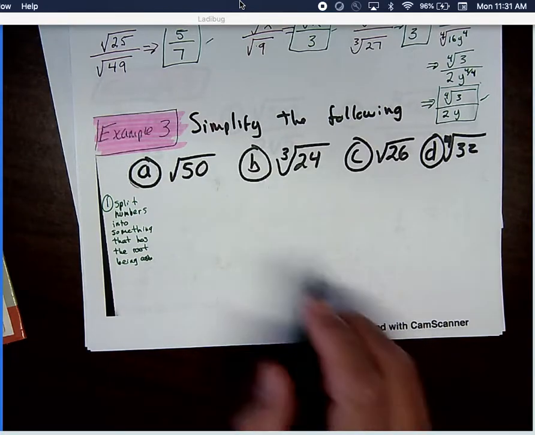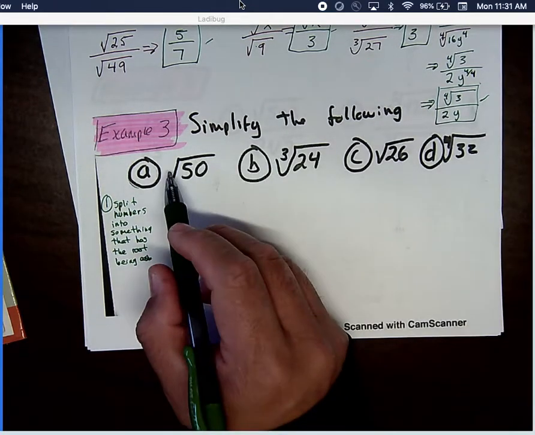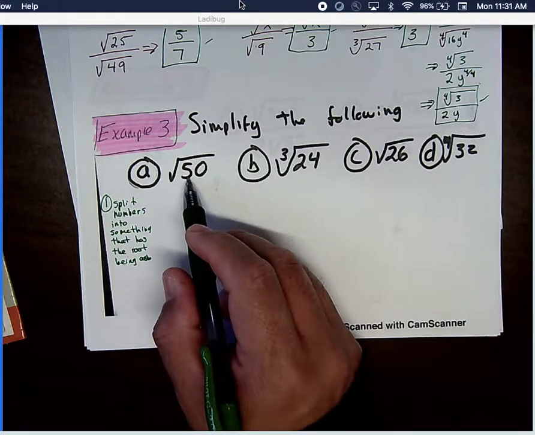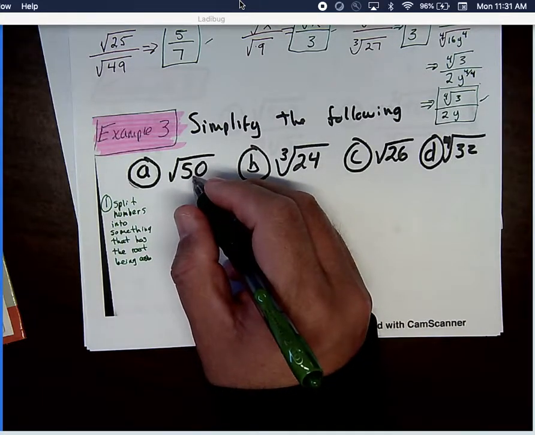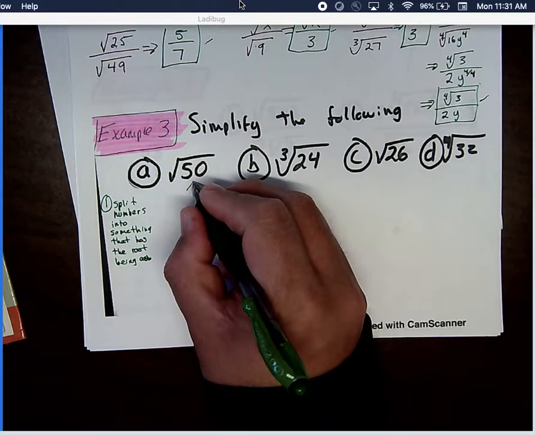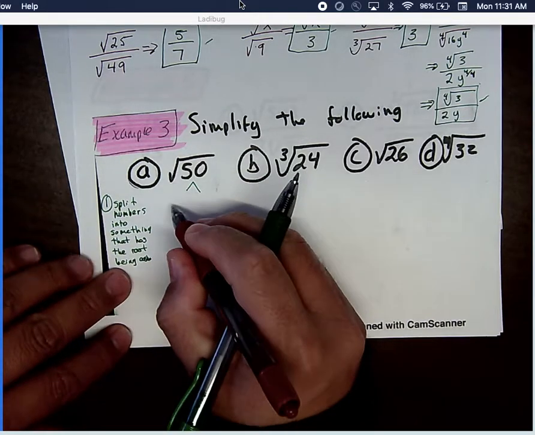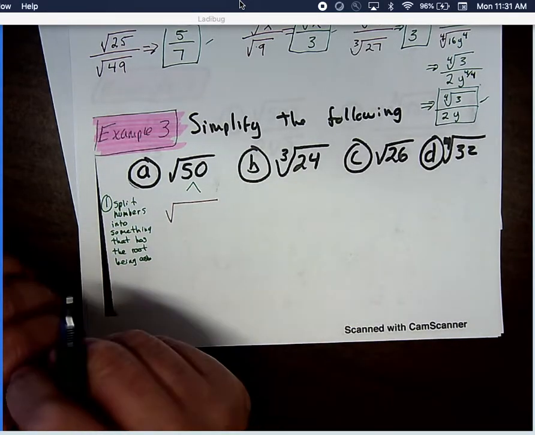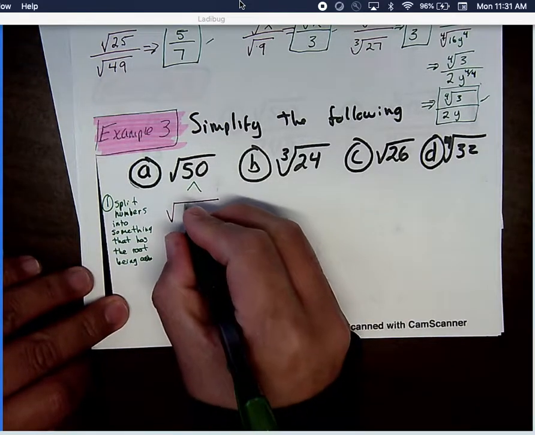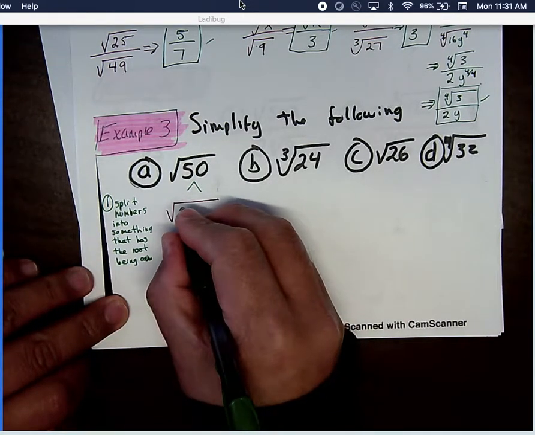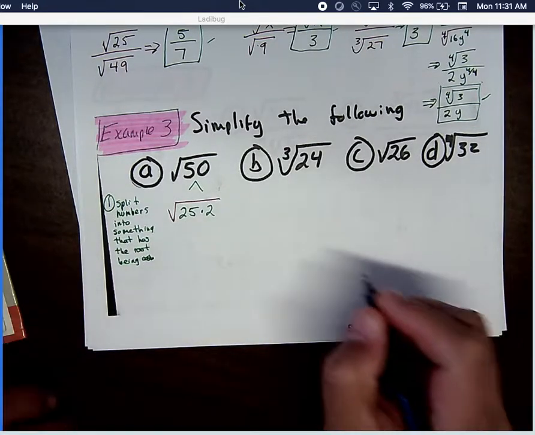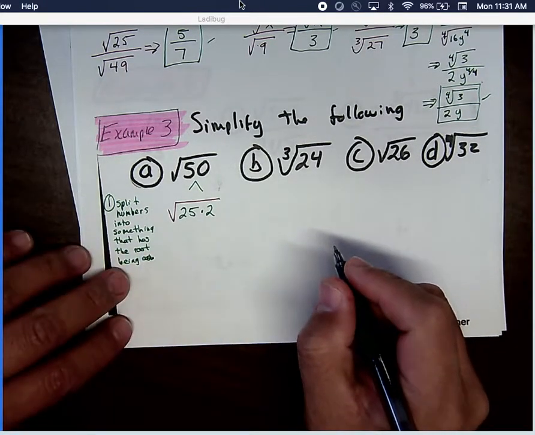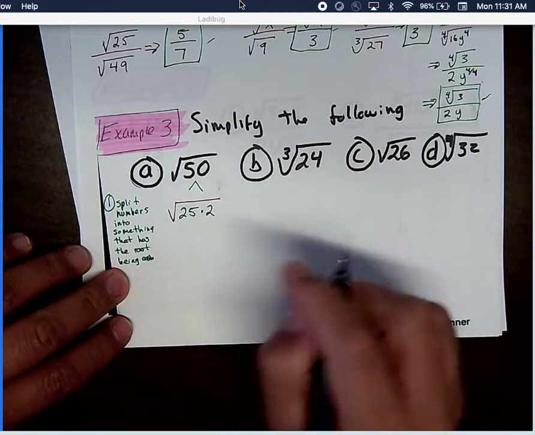Okay, so for example, the square root of 50. There's no square root of 50, but we can actually split this 50 into two things, and we've done this before, in the other section. So 50 can actually be expressed as 25 times 2. 25 times 2 is 50.